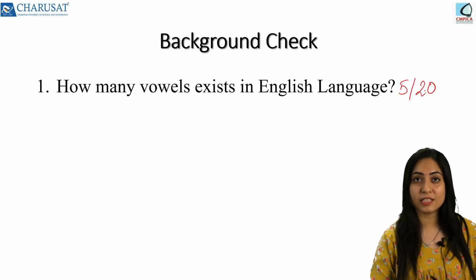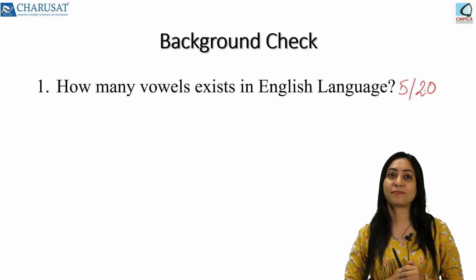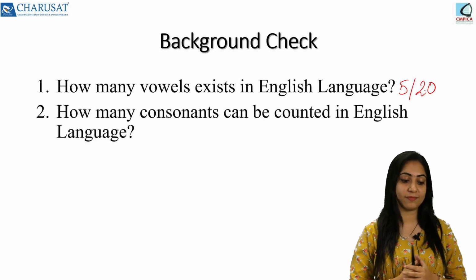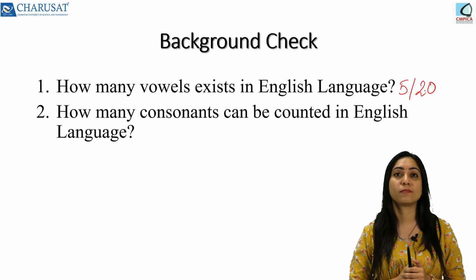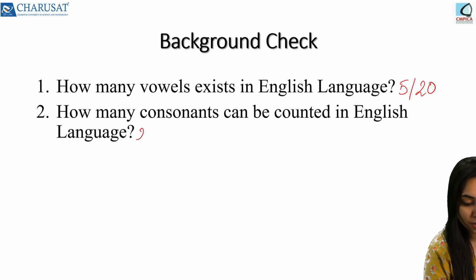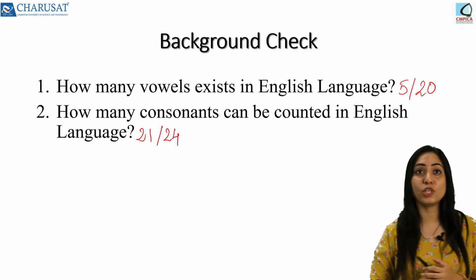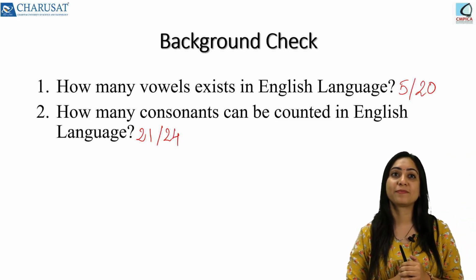How about considering the option 20? Second, again, how many consonants can be counted in the English language? You would want to say 21, and I am going to give you the option of 24.